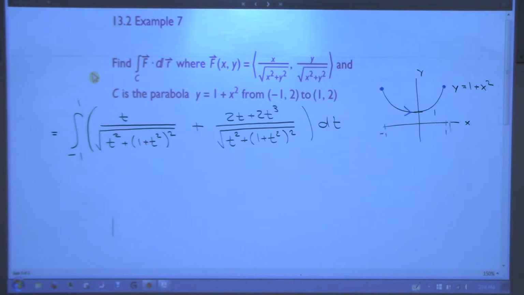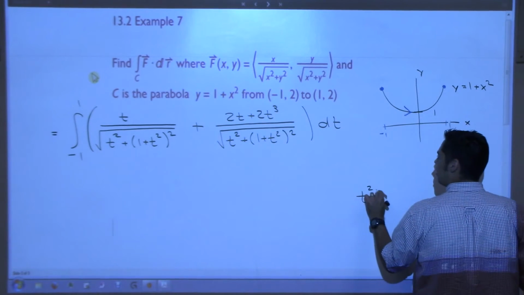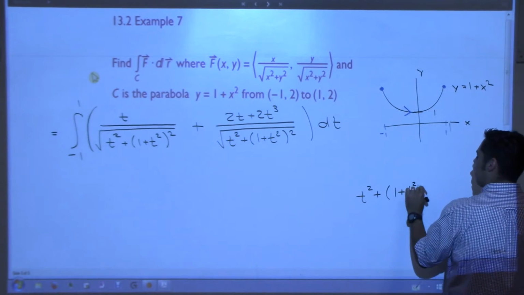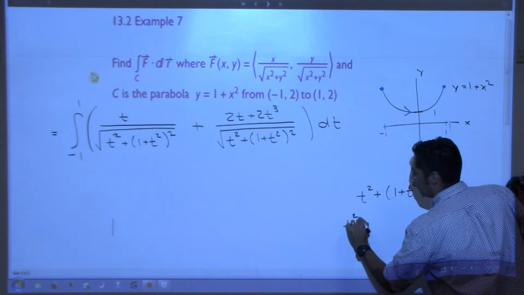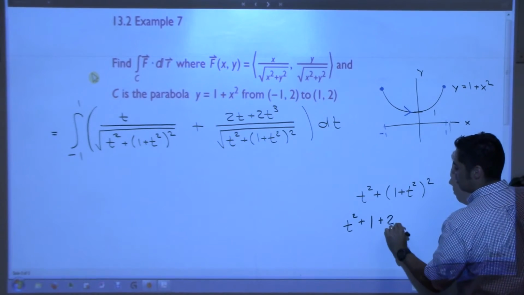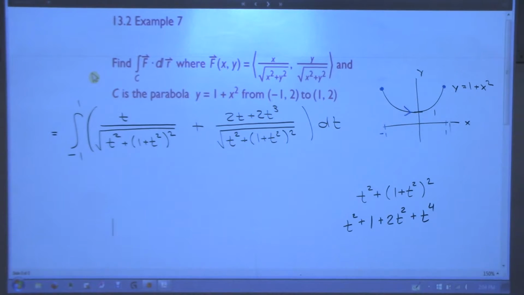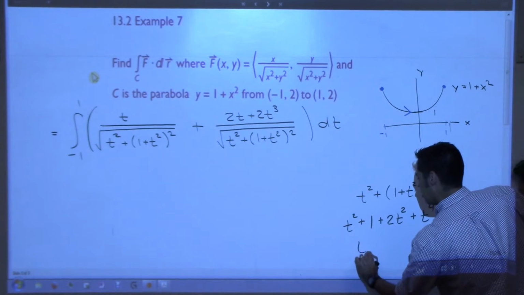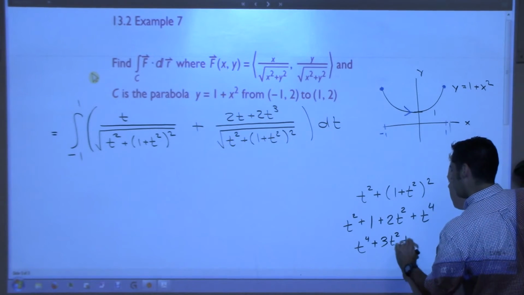Do we have anything going for us here? Can't you combine them? You can put them together. I agree with that. All right, let me see what that denominator is. What is t squared times 1 plus t squared squared? What is that? It's t squared plus 1 plus 2t squared plus t to the 4th. That's what that is. Which is just t to the 4th plus 3t squared plus 1.